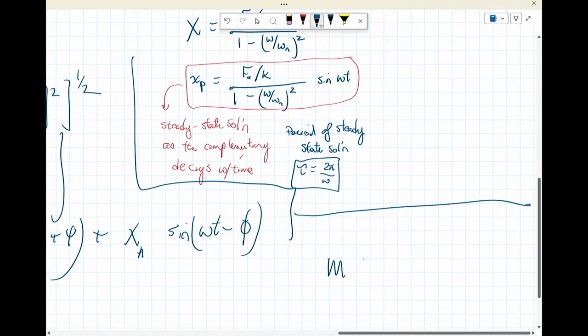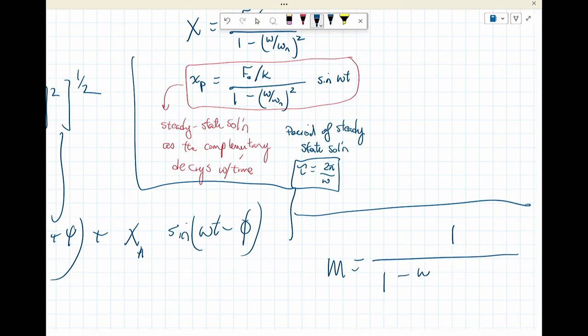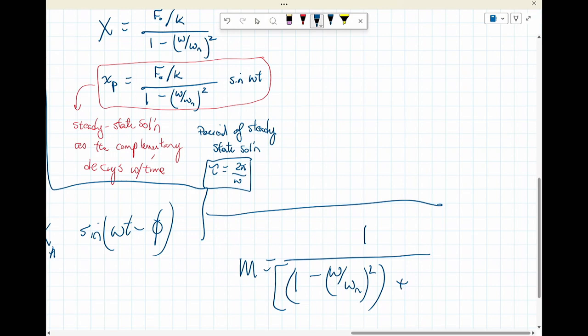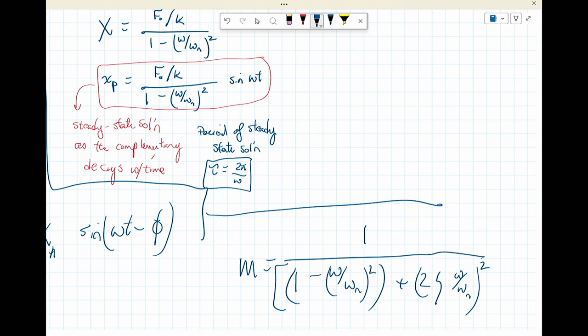The magnification factor becomes 1 over 1 minus omega over omega n squared, plus 2 zeta omega over omega n squared, to the 1/2.